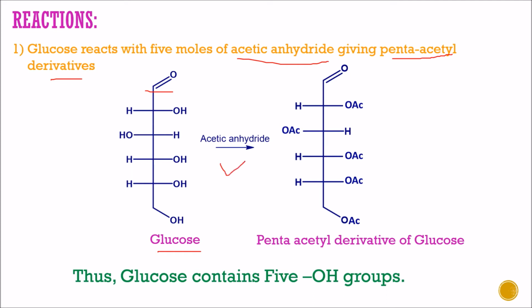In presence of acetic anhydride, all the free OH groups, all the 5 OH groups are converted to OAc, that is acetyl groups, and this forms penta-acetyl derivative of glucose.